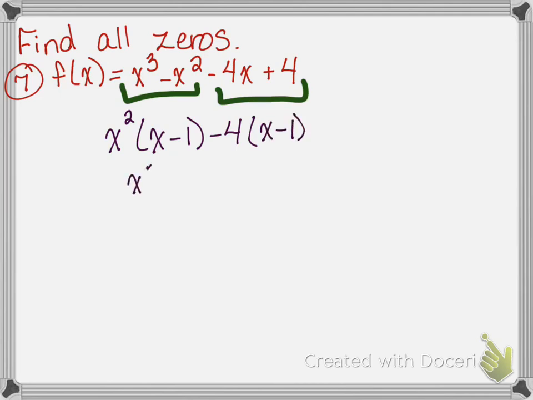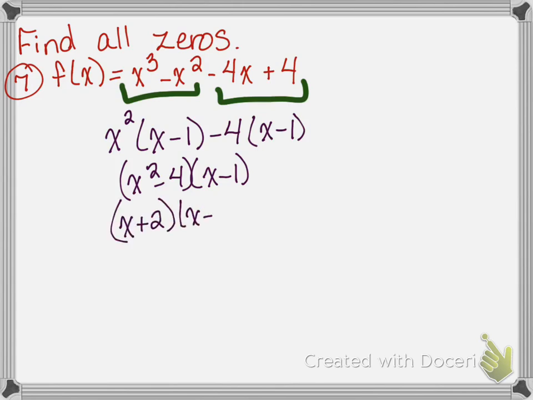So I have x squared minus 4, and then I have x minus 1. x squared minus 4 simplifies to x plus 2 and x minus 2. And then I still have my x minus 1. So I have factored this.